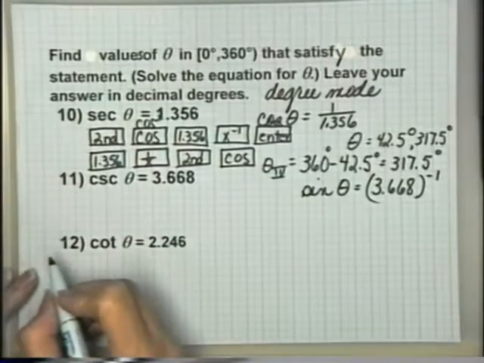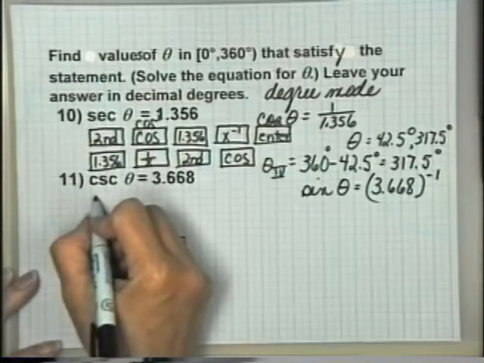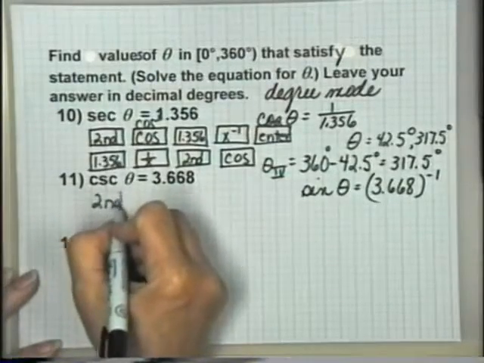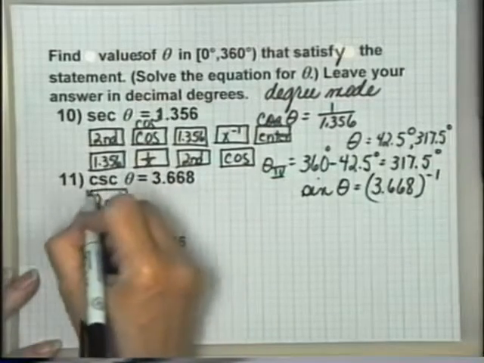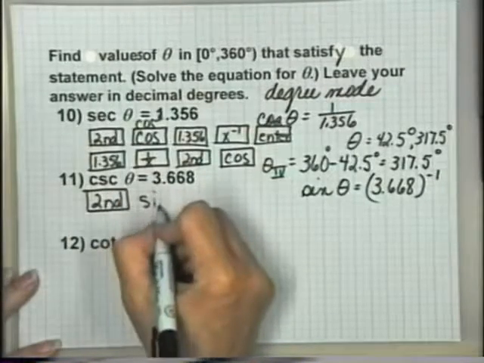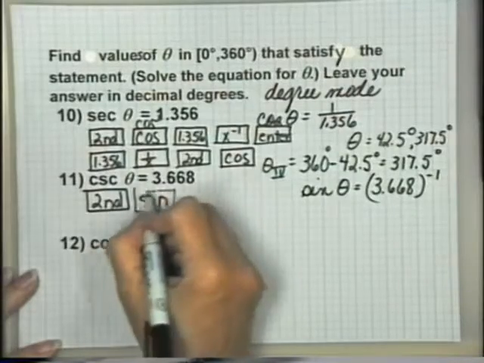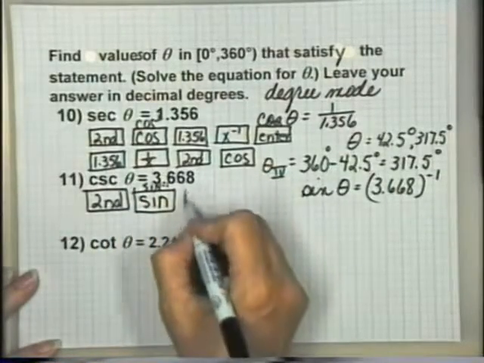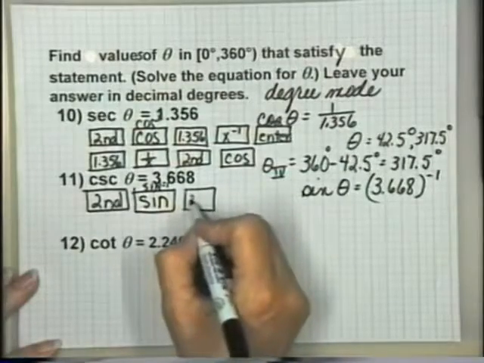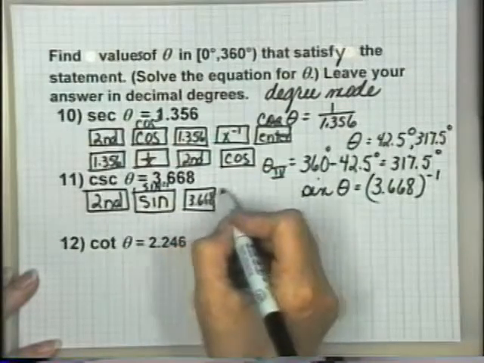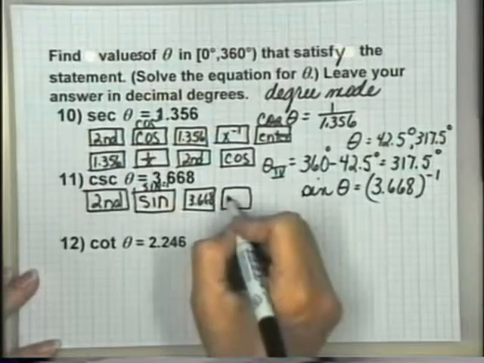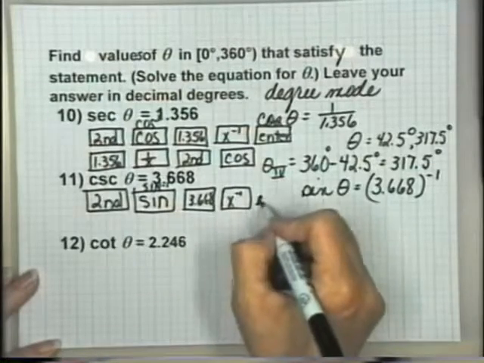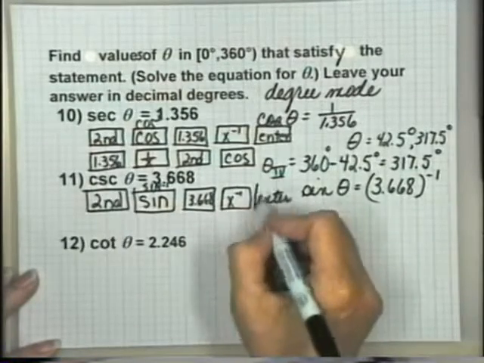So to find this theta on the graphing calculator, we'll go second function, sine, and that gives us our inverse sine. And then let's put the 3.668 in, hit the reciprocal button, and push enter.